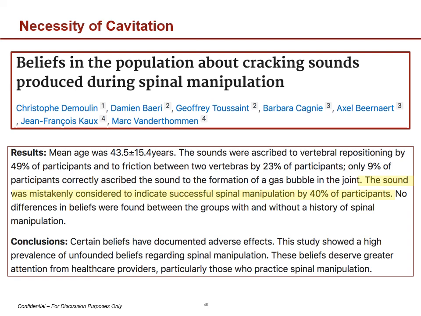So 40% of the people said that if they heard the sound, they'd get better. And so we just have to take into account that patient perception and even therapist perception can possibly play a large role in whether a cavitation has an effect on the patient's pain and disability.